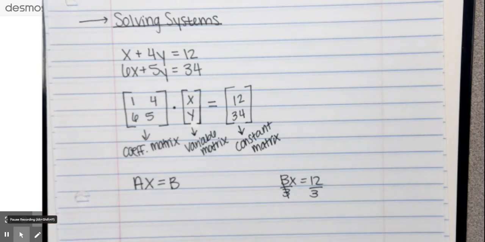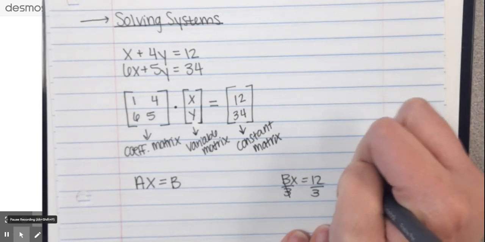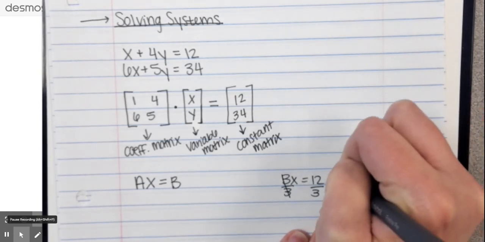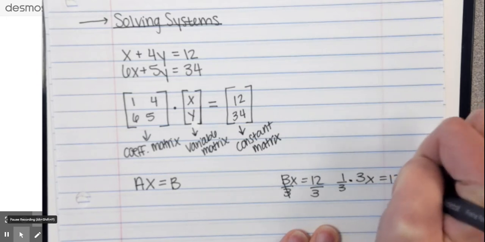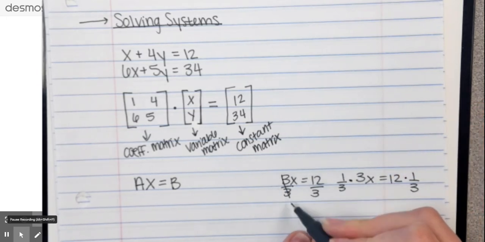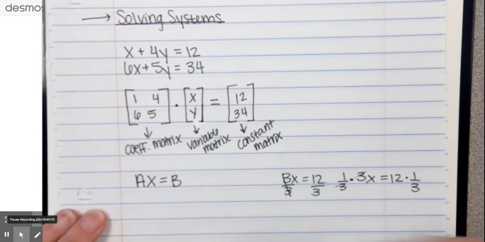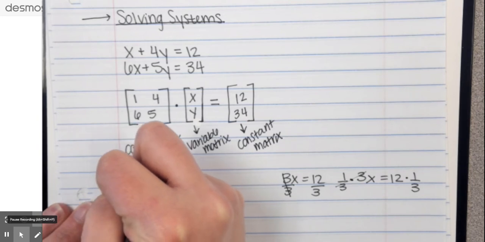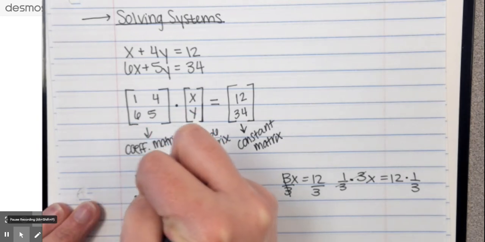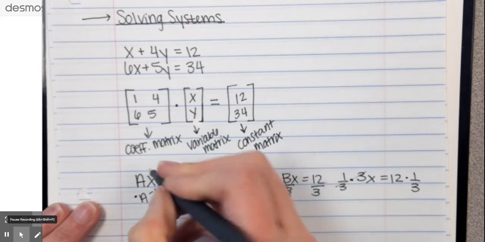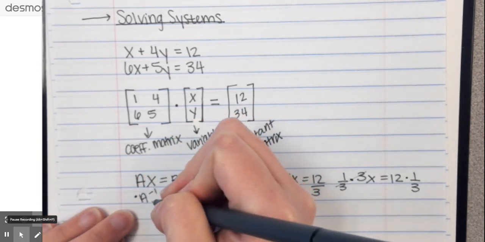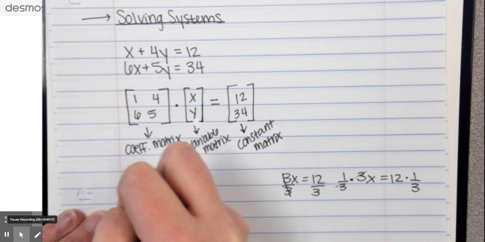Okay, you can't really divide matrices, so instead of division, we would use the inverse, because that would be the same thing. Because you could also do 3x equals 12 and multiply by 1/3 on both sides, and that's the same as division. So it would work out the exact same way. So we're going to do that too. You're going to multiply both sides by the inverse matrix. Okay, we know a matrix times its inverse is an identity matrix.